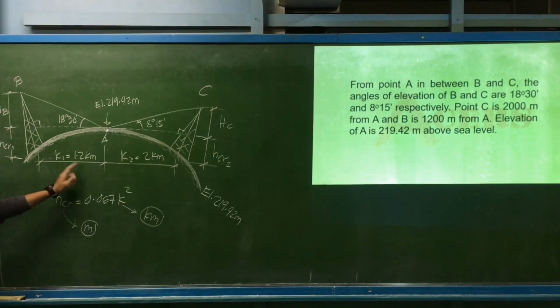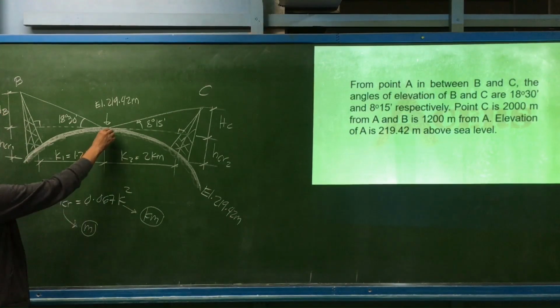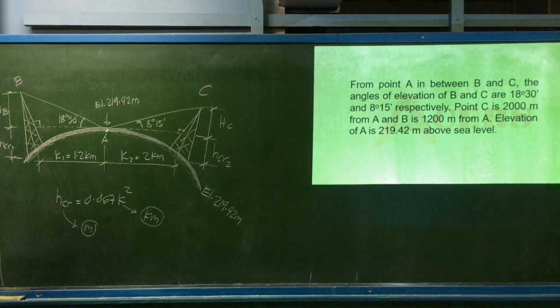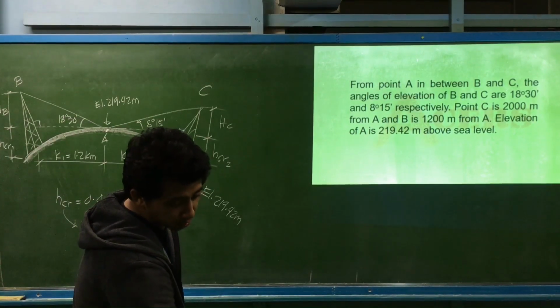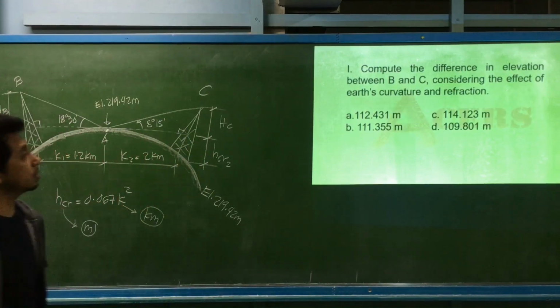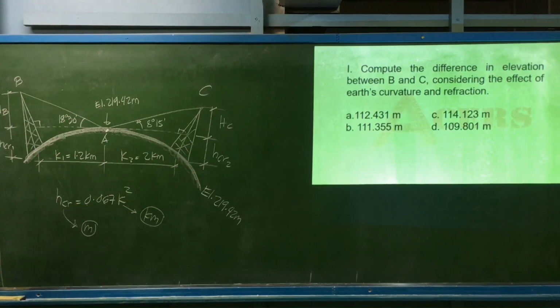And B is 1,200 meters or 1.2 kilometers from A. Elevation of point A is 219.42 meters above sea level. Yung first required is compute the difference in elevation between B and C.